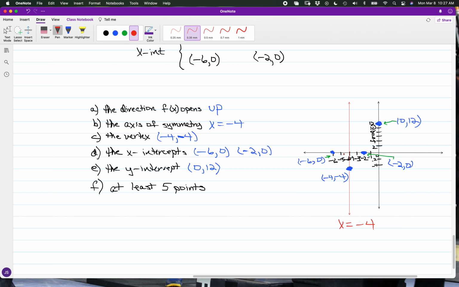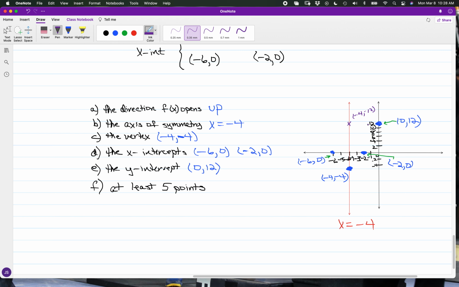And if I were to go up the axis of symmetry and have it level with the y-intercept, like right here, if I go up level, I would have -4, 12. Not part of the graph, but just to give you a little bit of a visual. You've got -4, 12, and 0, 12 would be 4 spaces to the right.